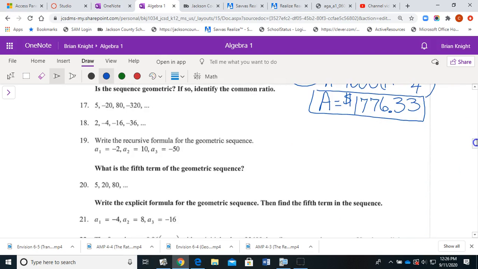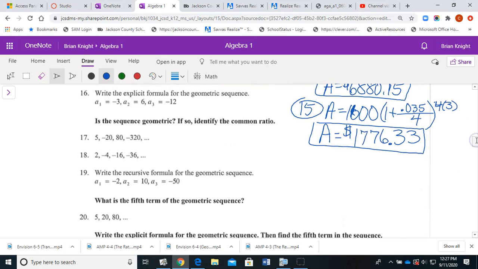What's the recursive? That's only for the geometric sequences, and I'll do my best to explain why that is when I write this. We're going to get there. So, explicit will be y equals, what's A1? -3. My R or my B, what are we doing?